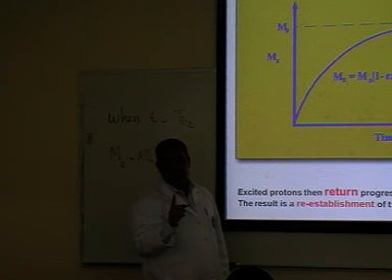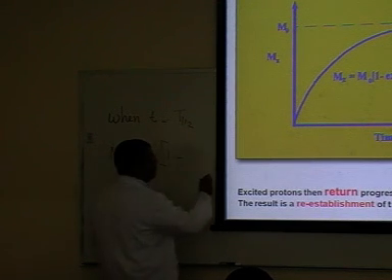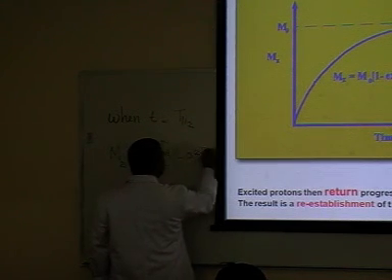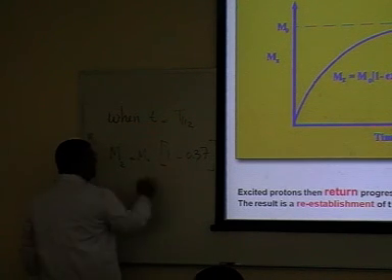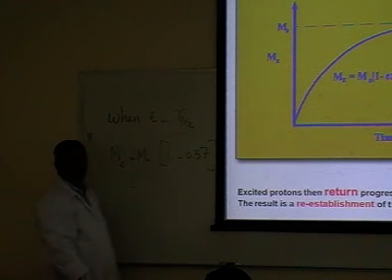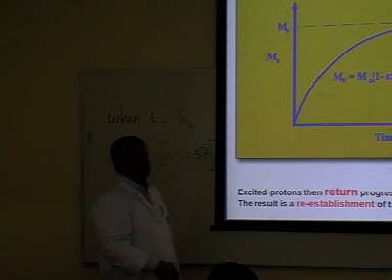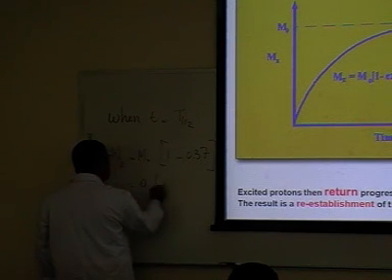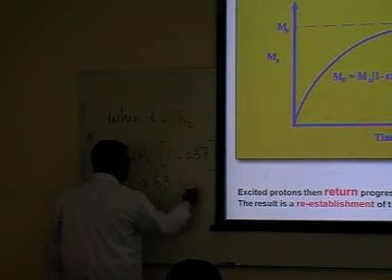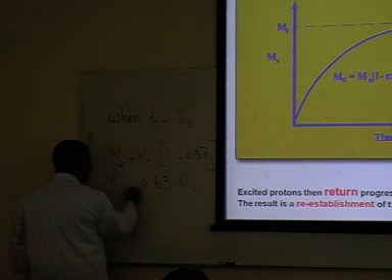Yeah, 1 over e. 0.37, right? Something like that? Okay. What's 1 minus that? 0.63. So 0.63 M0.